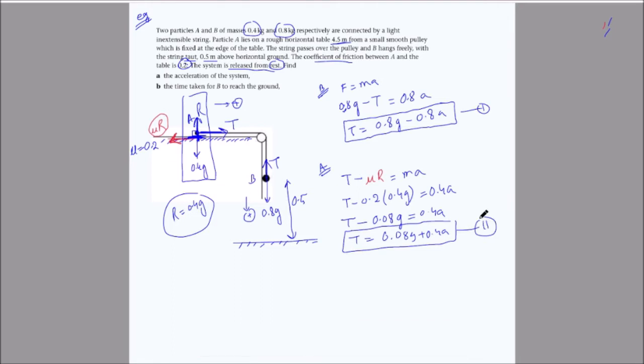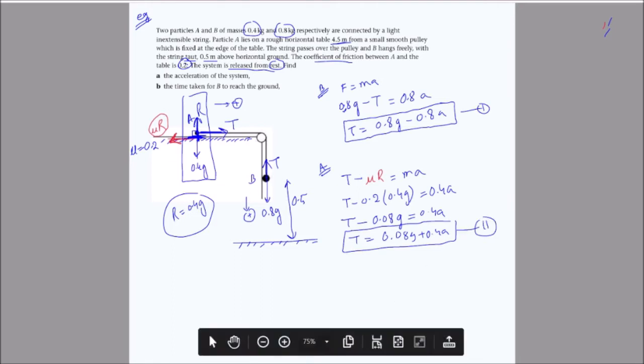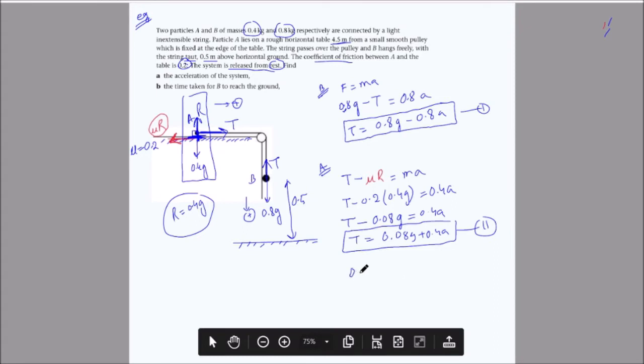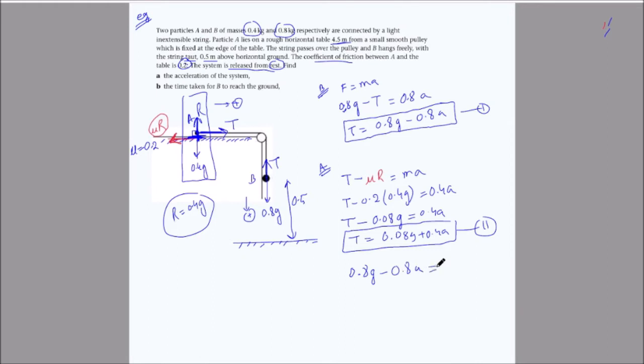So I'm almost done. I have included all the forces and formed the equations of motion. Solving these two equations will give you the value for tension and acceleration. We need to find the acceleration; we do not need tension in this case. So if you equate these equations, we get 0.8 g minus 0.8 a equals the second equation.